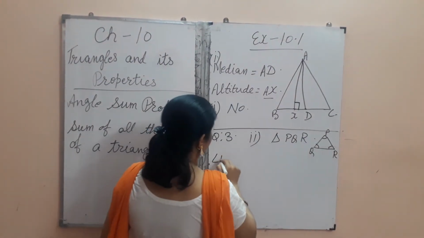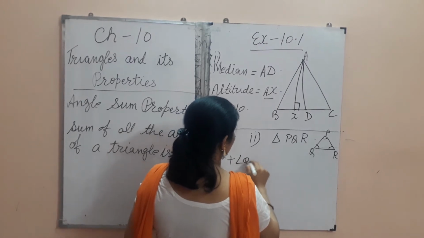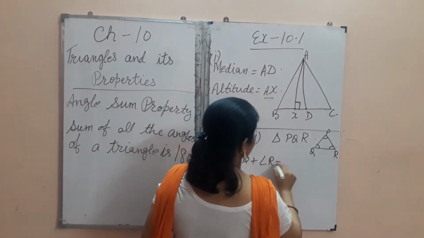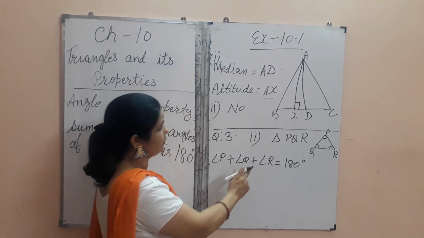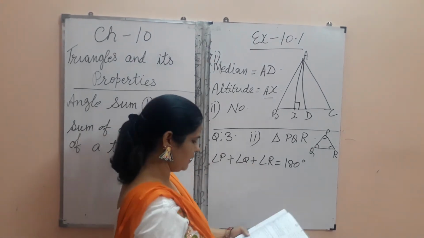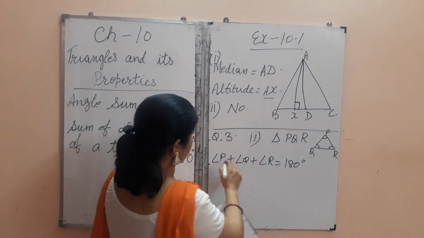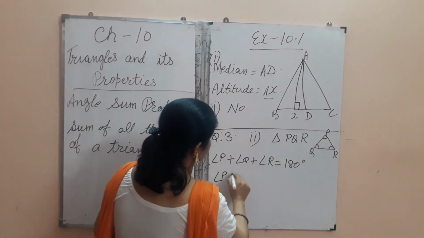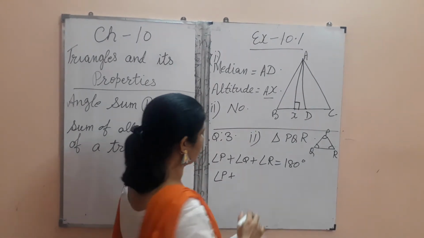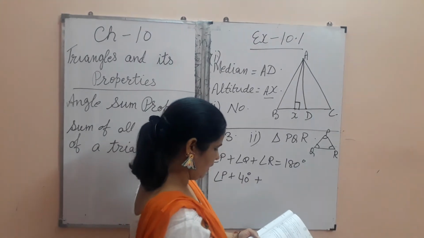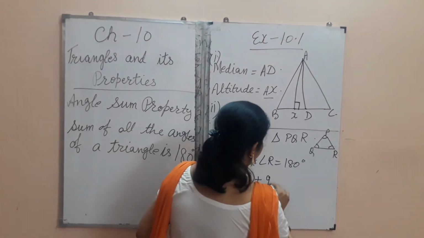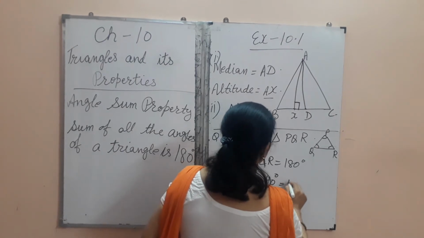So angle P plus angle Q plus angle R is 180 degrees, as I have told you. The sum of all the three angles of a triangle is 180 degrees. And the angles are given. P is missing. So angle P we will write as it is, plus Q is 40 degrees and angle R is 90 equals to 180.